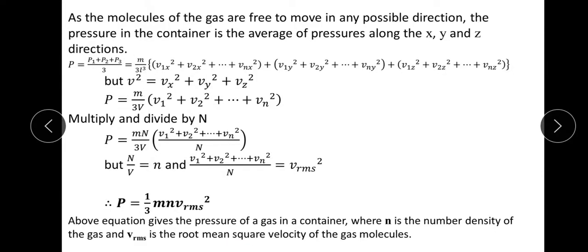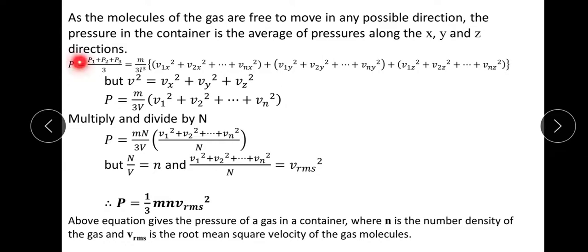Now, as the molecules of the gas are free to move in any possible direction, the pressure in the container is the average pressure along x, y and z directions. This means the pressure is not only exerted in one direction, it can be exerted in all directions.